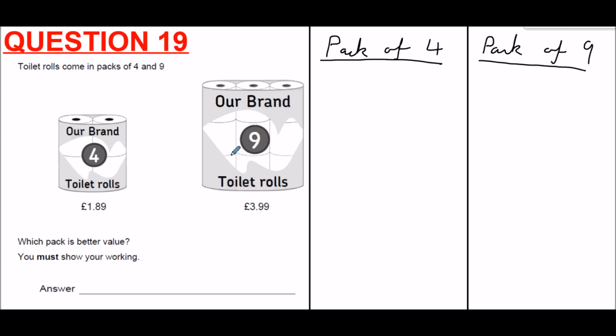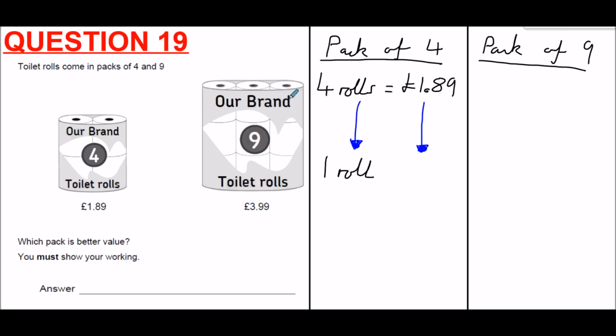So the pack of four rolls costs £1.89. We can work out the cost per roll by thinking, what could I divide 4 by to get down to just one roll? If we work out the cost per roll, we can compare that against the pack of 9 cost per roll. Whichever's cheapest will be best value.